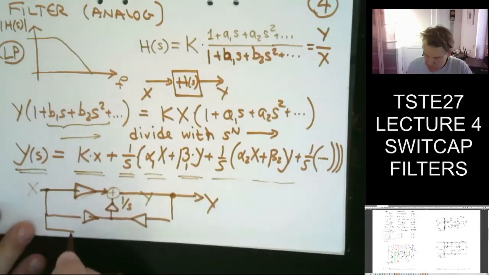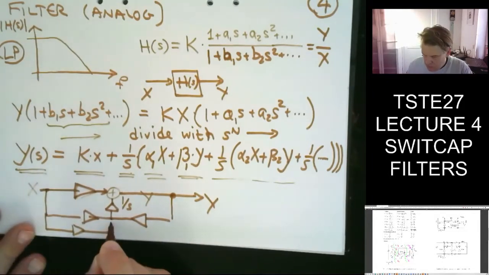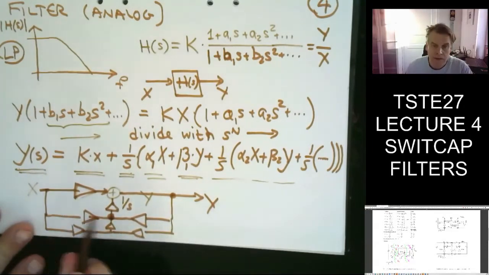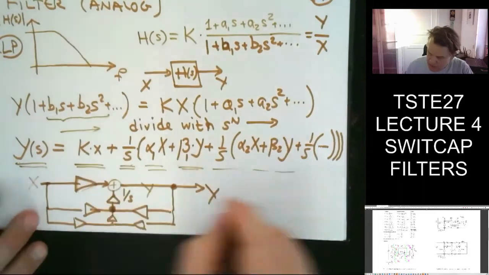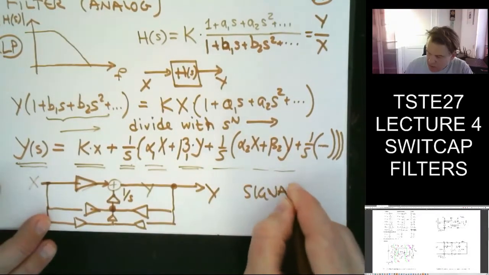I can take another replica of my input to my integrator, and another replica of the output, and so on. These are then my coefficients alpha and beta. We're not going to dig into the details here, but what you get is a signal flow chart.